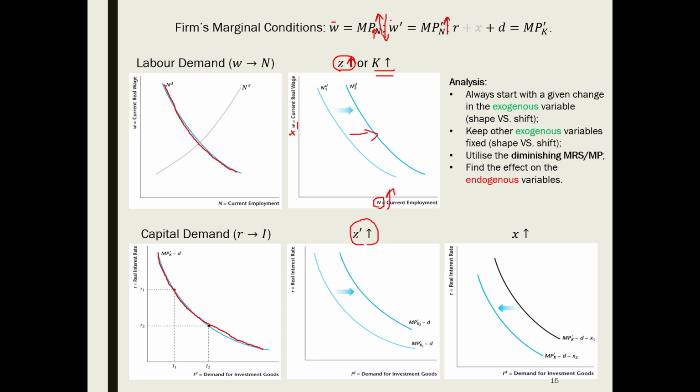To restore the optimality condition, you cannot change anything on the left-hand side because R and D are both exogenous to firms. To cancel out this rise on the right-hand side, you can only decrease marginal product of capital by raising the capital demand according to the diminishing law. To summarize, a rise in Z prime is associated with a rise in capital demand for any given level of interest rate. So it is a rightward shift of the capital demand curve.